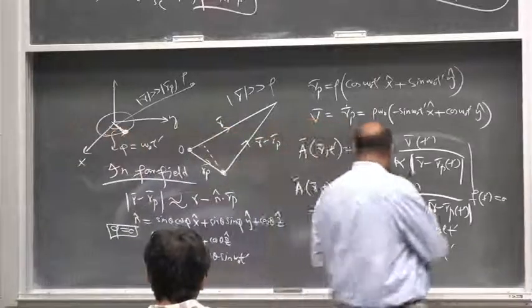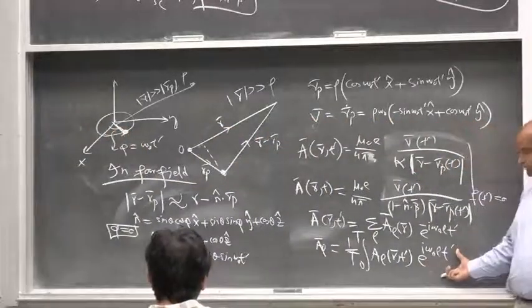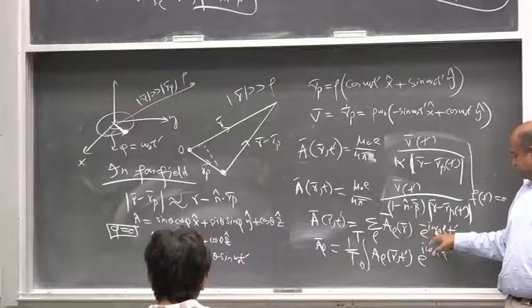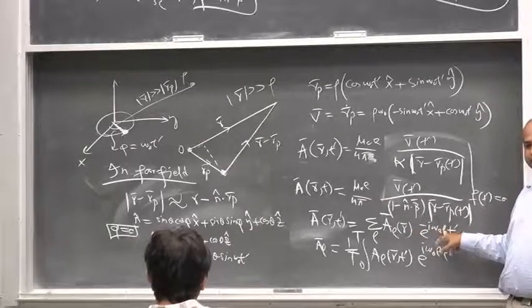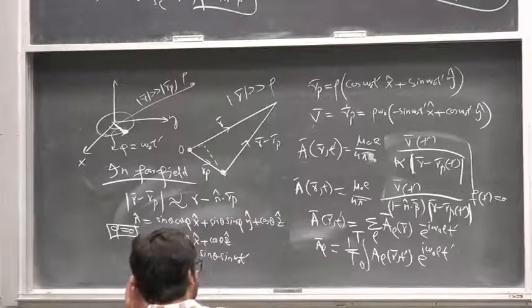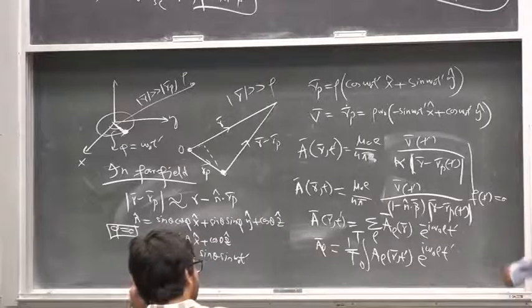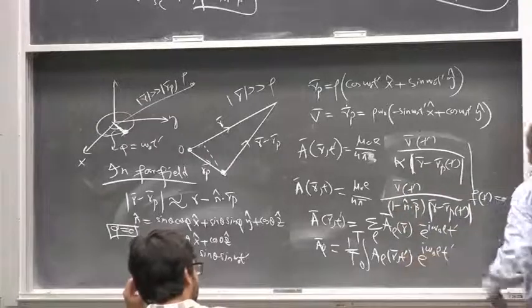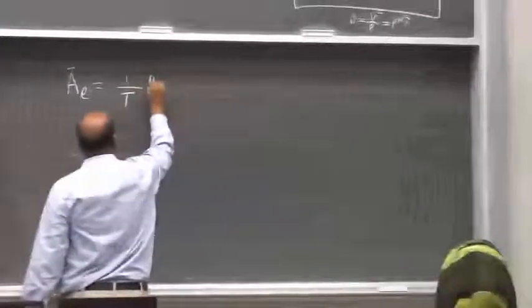Now, all we have to do is find this integral, and we will know the weights of different frequency components. So this integral A_l, 1 over T, and the value of A comes here.